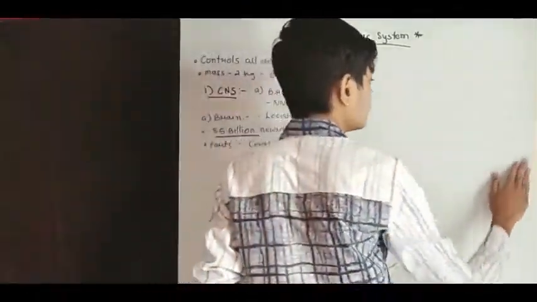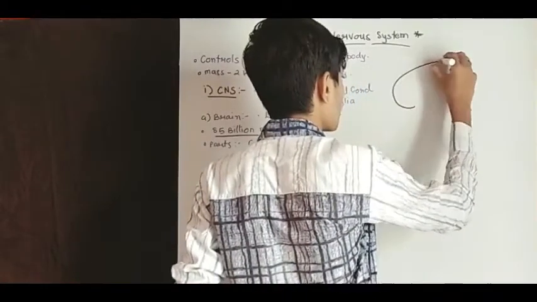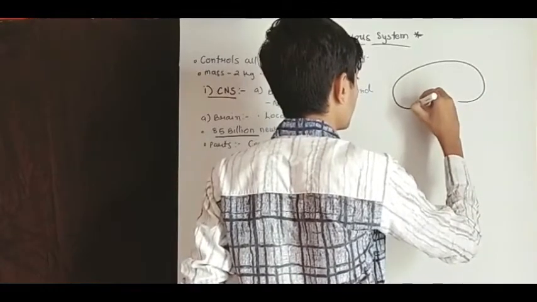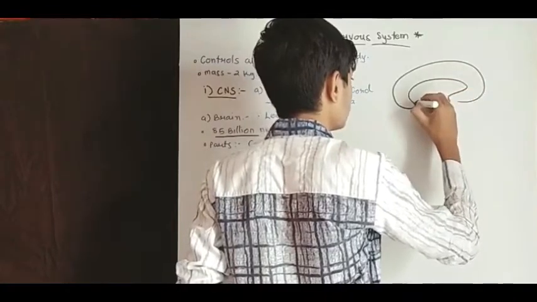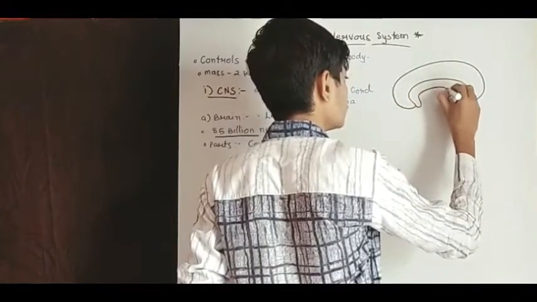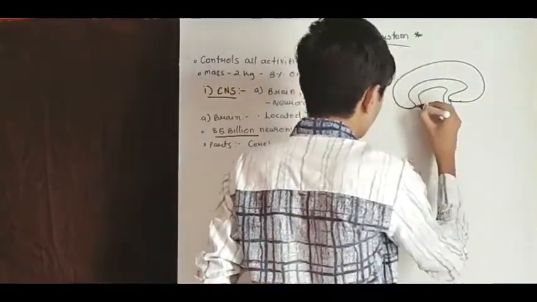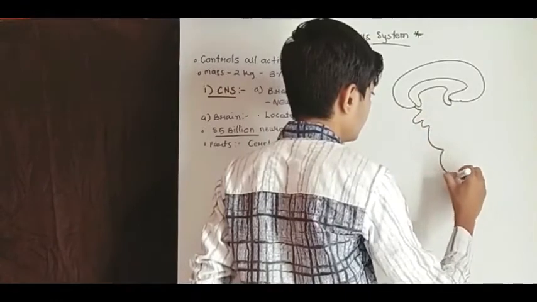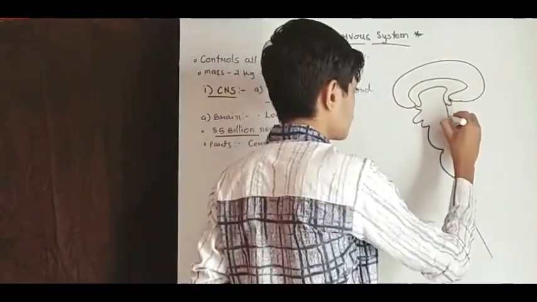Let's see the figure. What are these parts that we will see in further next systems?